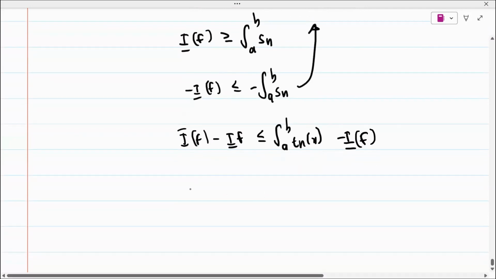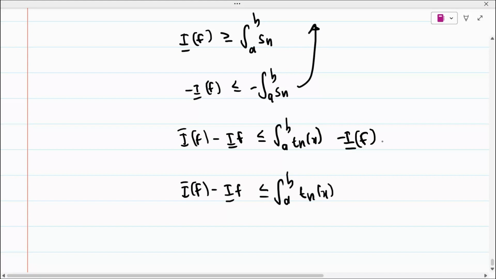And we also know that this is less than that. Dividing on both sides, this will be greater. So anyway, this is greater than this and this is greater than that.